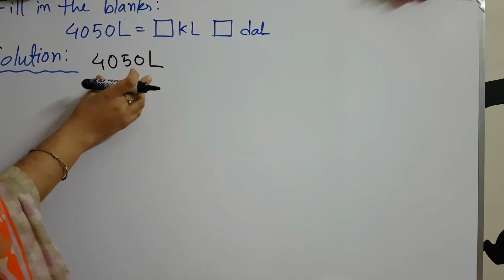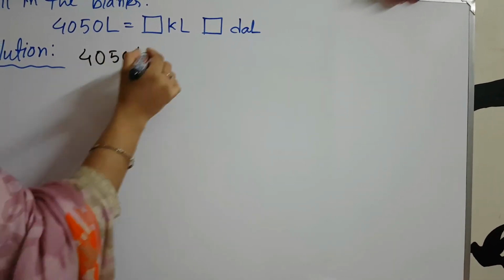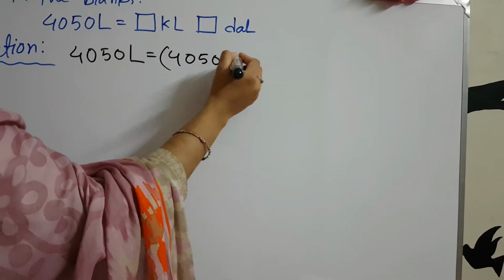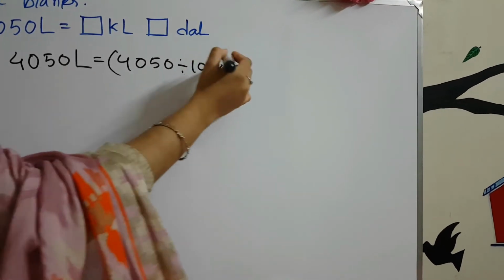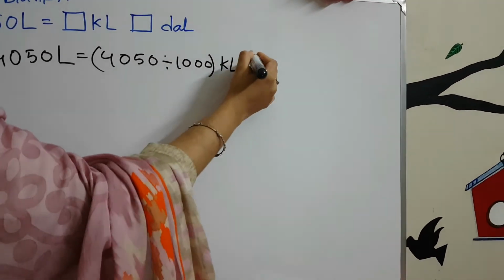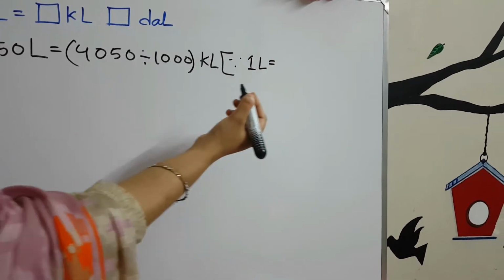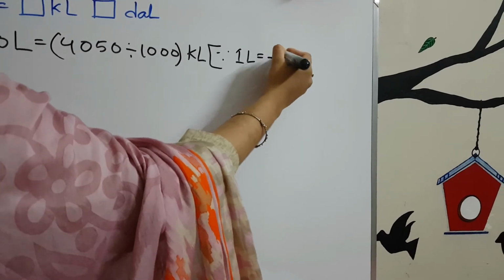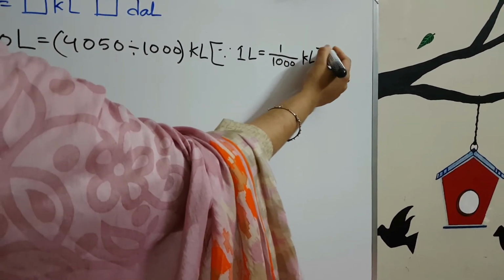First of all, we will divide 4050 by 1000 to get kiloliters, since we know that 1 liter is equal to 1 by 1000 kiloliter.